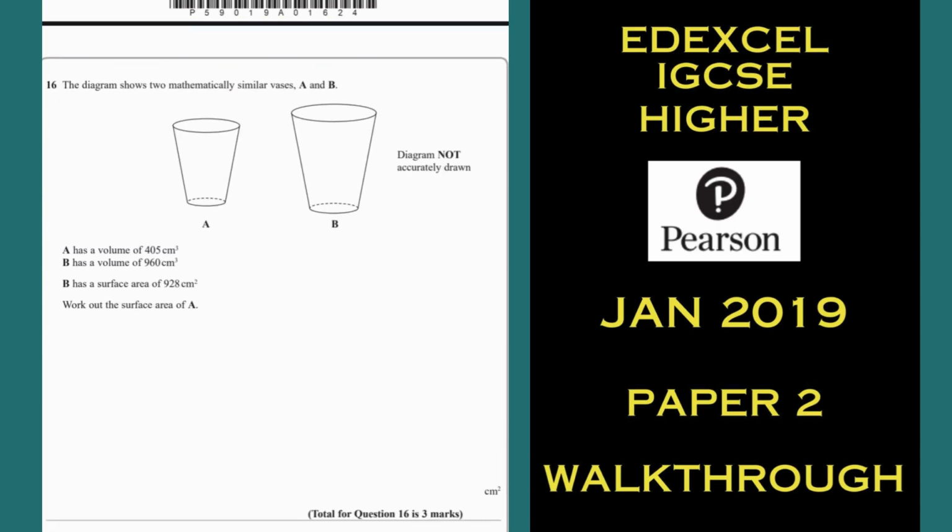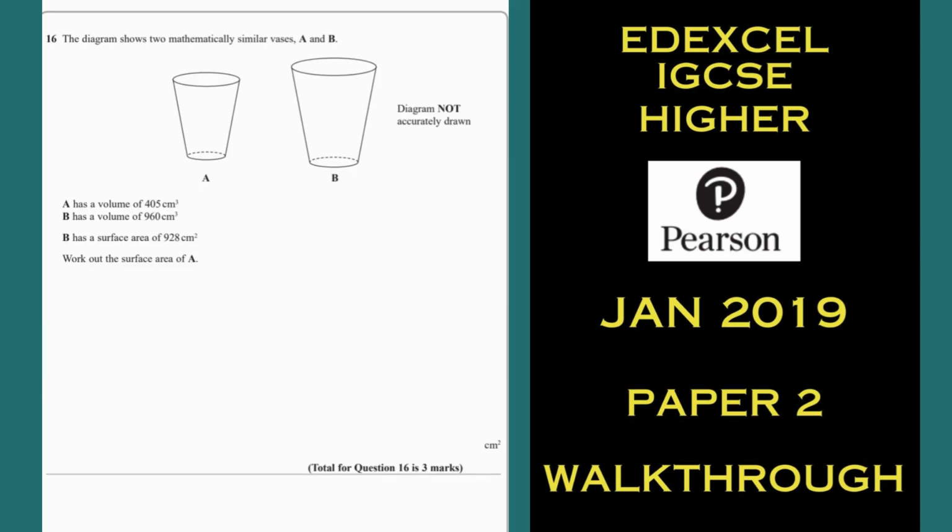So we've got the old volume, surface area and linear scale factors. So let's just work out the scale factor for volume. Volume scale factor. And it depends which way round you're going. You could do 960 over 405 or 405 over 960.